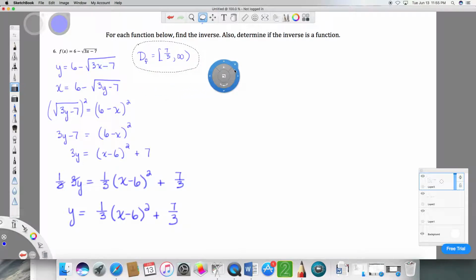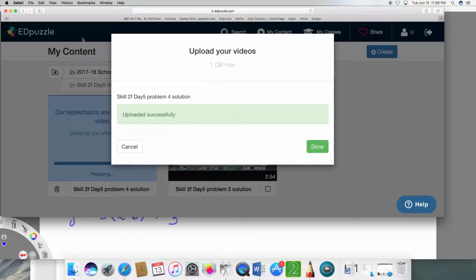Now, to determine the range of this, we're going to have to use the graphing calculator. I believe what we'll have is from negative infinity all the way up to positive 6, but I don't think you have the skills yet, until we look at a later skill packet, to actually visualize that.